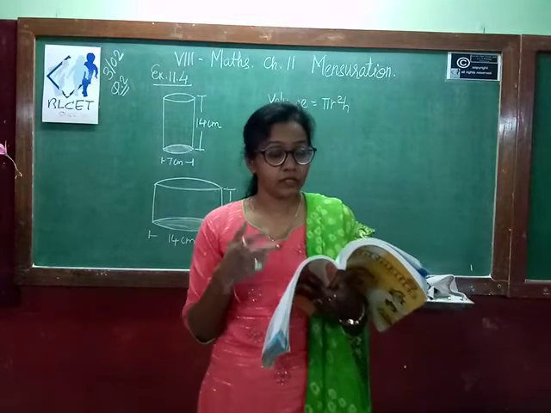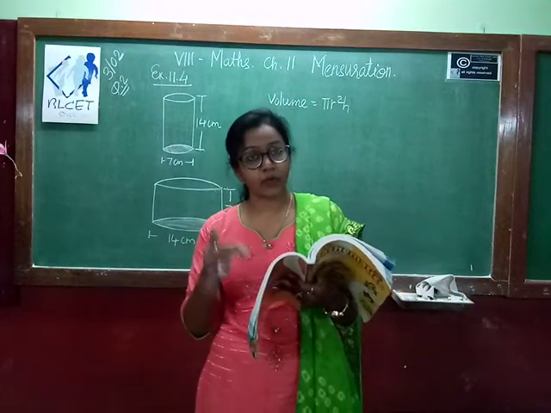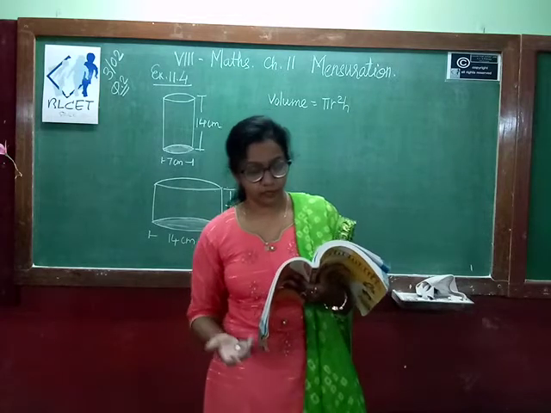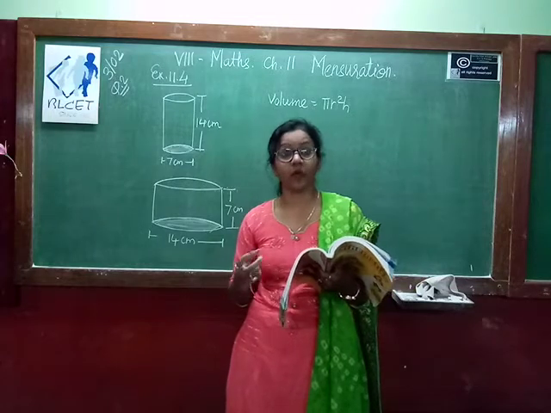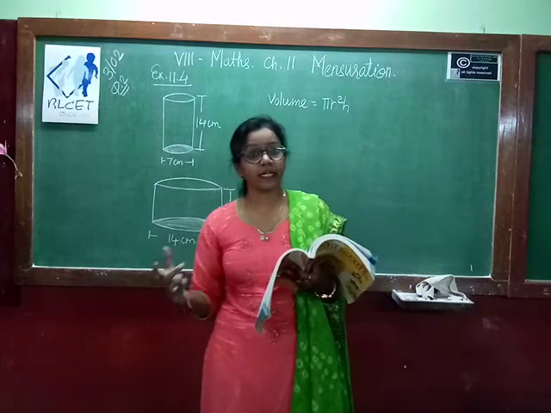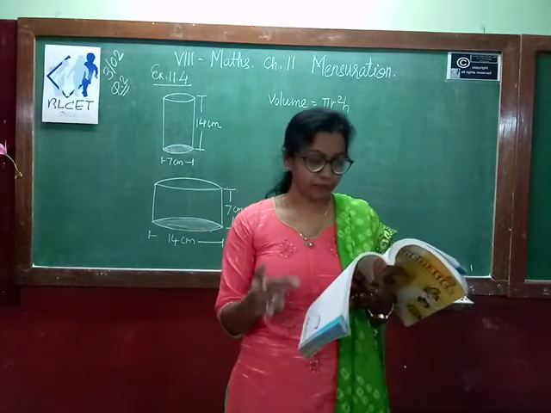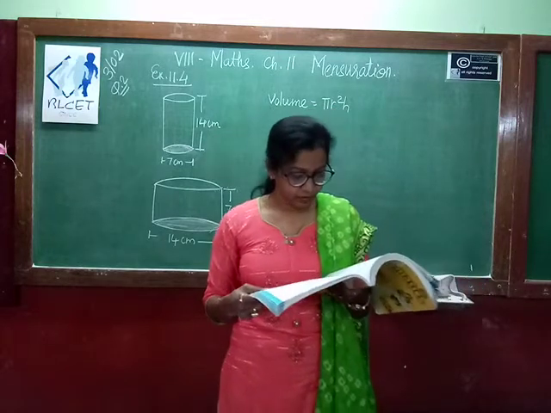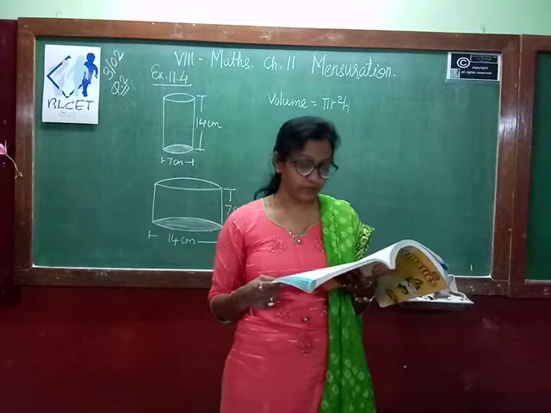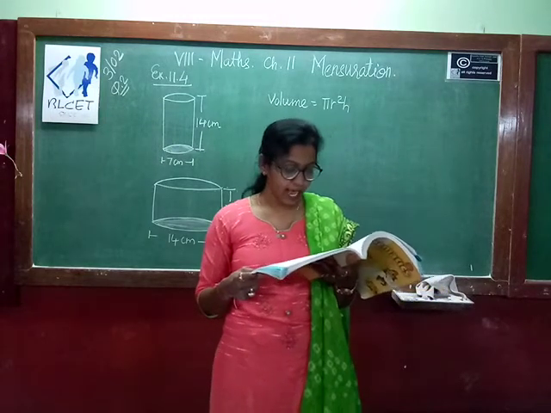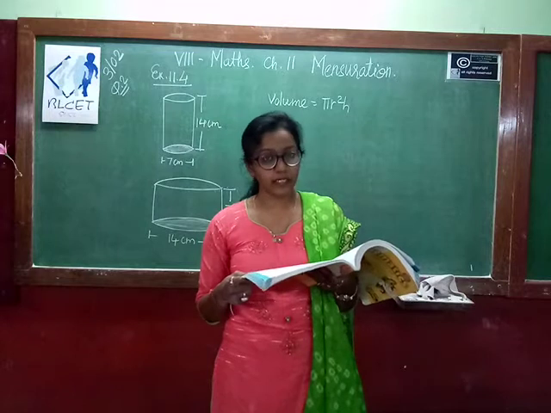So that's why in this case again you have to find the volume. How much water the small tank can hold is related to capacity, and that time you have to find the volume. So in the first situation we have to find volume, in the second situation we have to find surface area, and in the third situation we have to find volume.